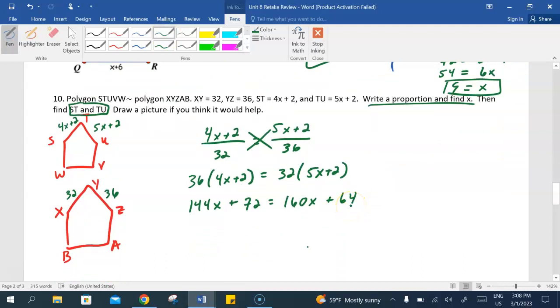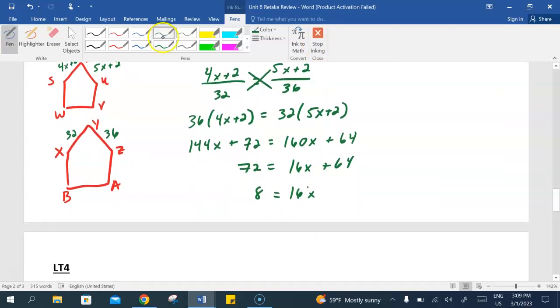Now you're solving for x just like we did before. If I move everything over, 160 minus 144x, I get 16x plus 64 is equal to 72. Subtract 64 from both sides. You get 16x is equal to 8. Divide both sides by 16. You will get a decimal here, and that's okay. So x is equal to 0.5.